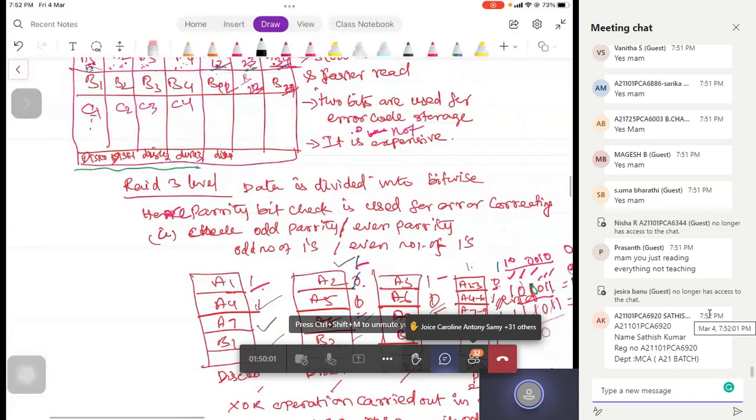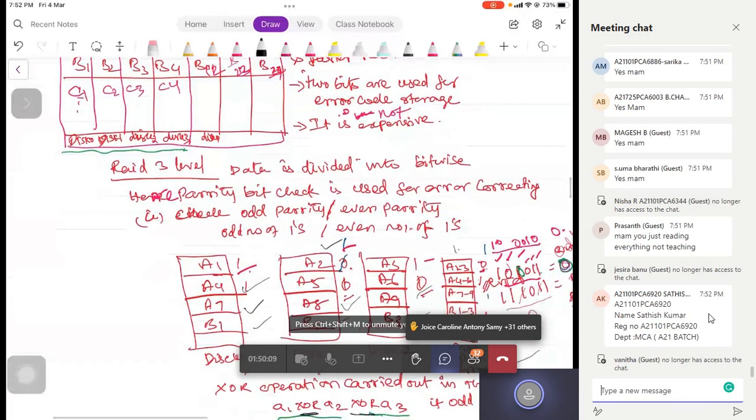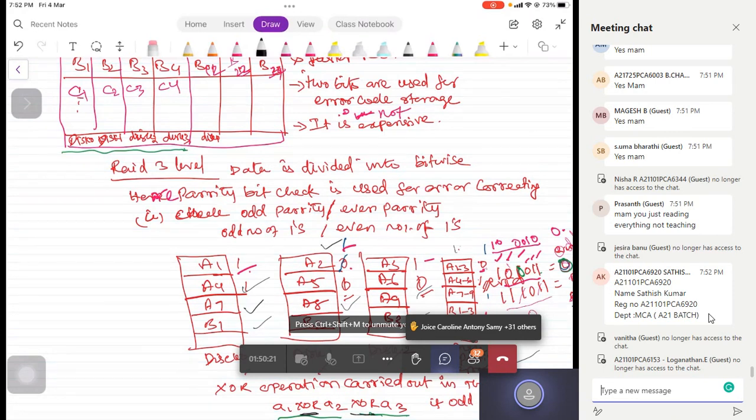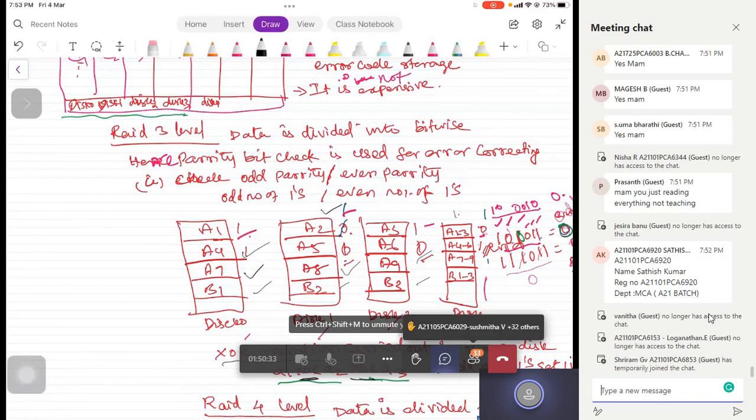Next, instead of keeping all the bits for error coding, we use only one single disk for parity. So A1, A2, A3, and the parity bit, the error checking code, is stored in a separate disk. It is created by an XOR operation on the three disks: A1 XOR A2 XOR A3.